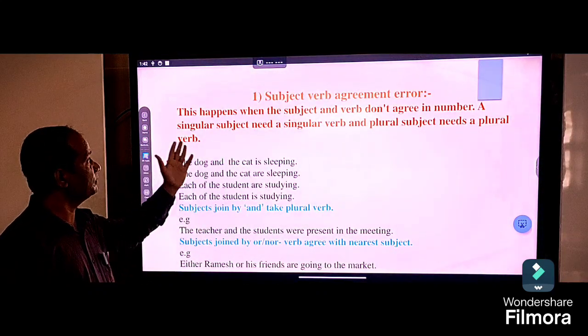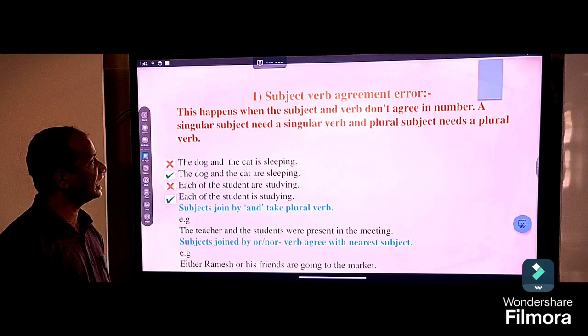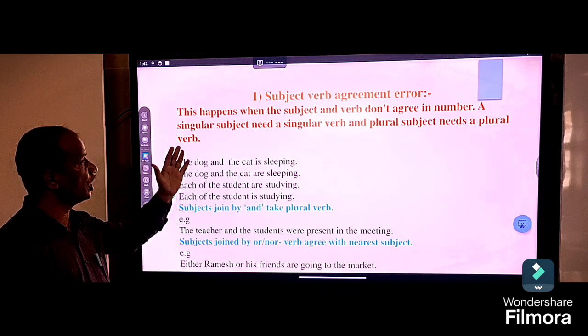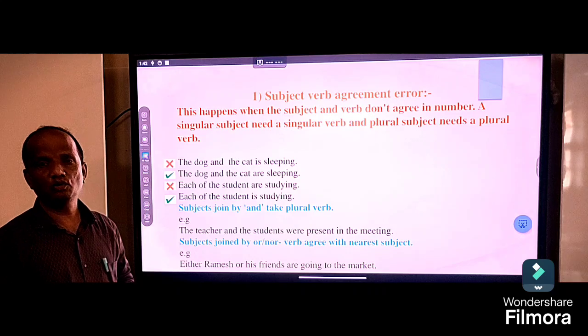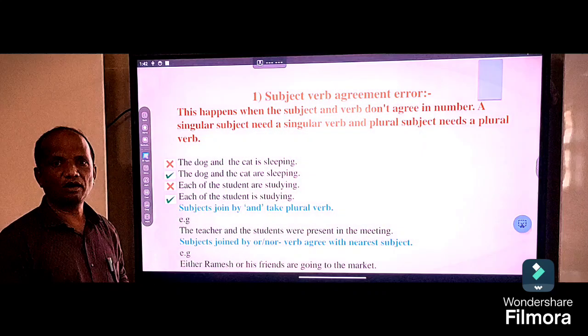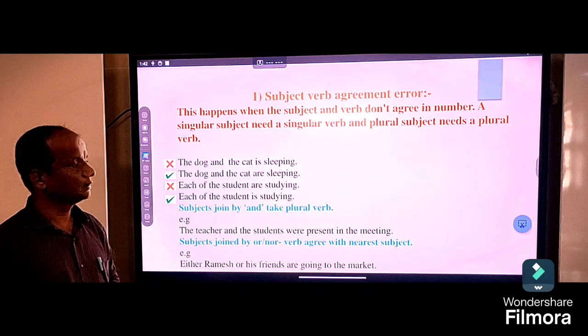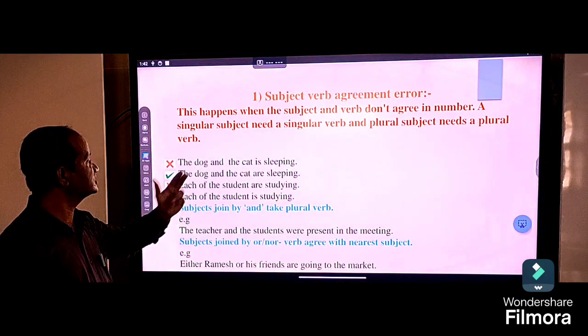When identifying this error, we have to pay attention to the subject and find out whether our subject is singular or plural. If our subject is singular, we have to use a singular verb, and when our subject is plural, we have to use a plural verb. The example is given here: the dog and cat is sleeping.